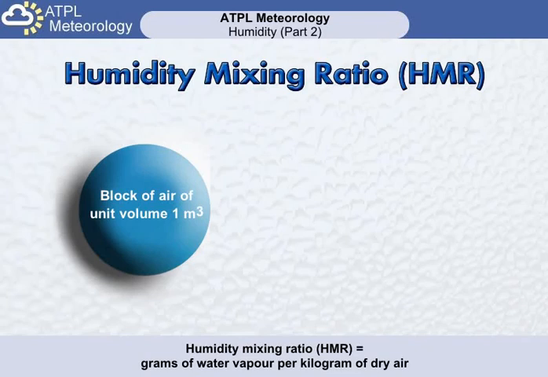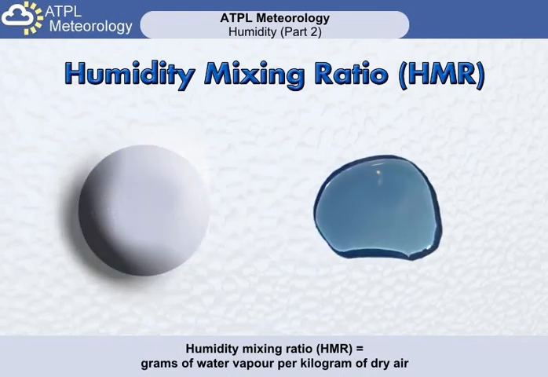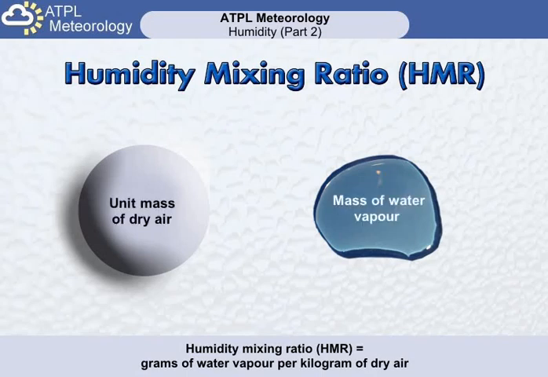Humidity mixing ratio, or HMR, is a similar property to absolute humidity, in that it is a measure of the amount of water vapor contained in a sample of air. But whereas absolute humidity is the mass of water vapor in a unit volume of dry air, the humidity mixing ratio is the ratio of the mass of the water vapor to the mass of the dry air. It is expressed in grams per kilogram.